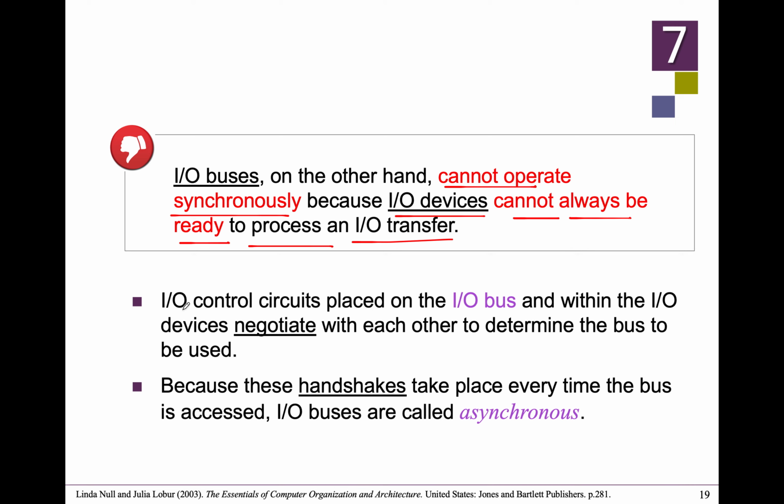But you can see also the I/O controller is a circuit placed on the I/O bus, and within the I/O devices it negotiates with each other to determine the bus to be used. Because this handshake takes place every time the bus is accessed, I/O buses are called unsynchronized.